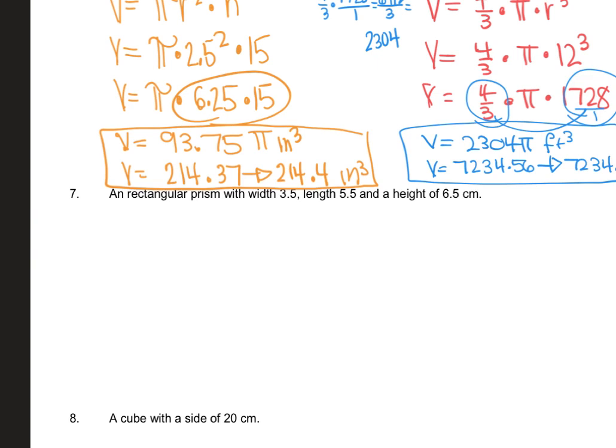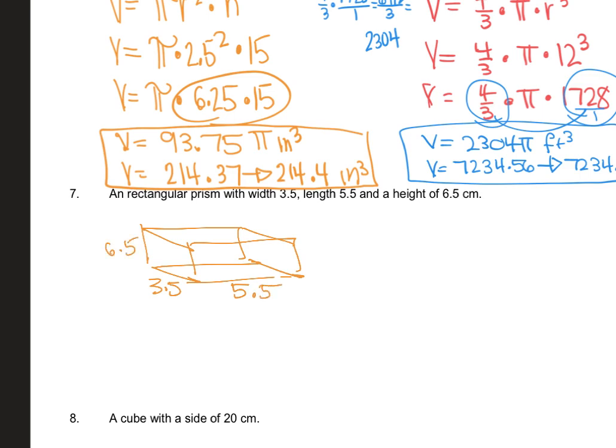All right, a rectangular prism. So if you've ever practiced drawing boxes, okay, width 3.5, length 5.5, height 6.5. So my picture is definitely off, but again, it's just important that you get those 3 different units, right? So volume is going to be length times width times height.